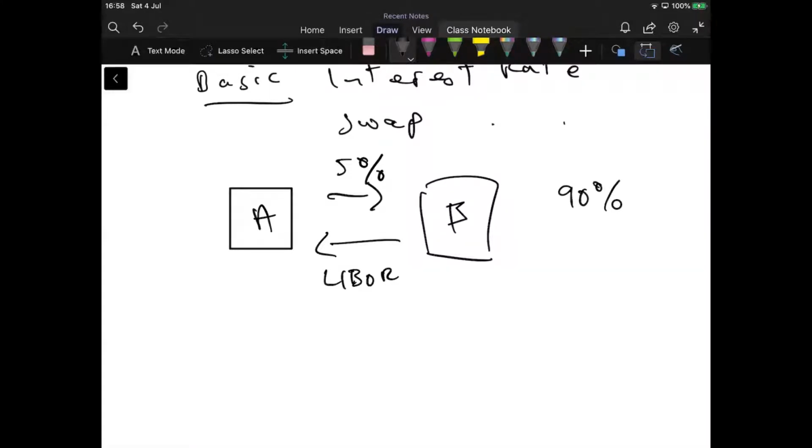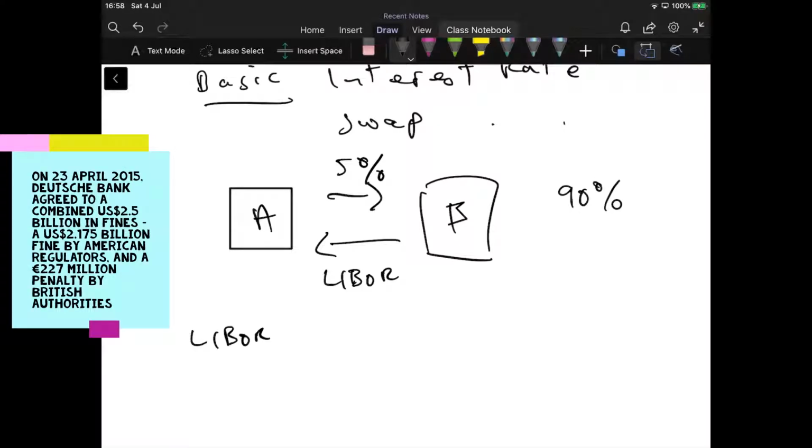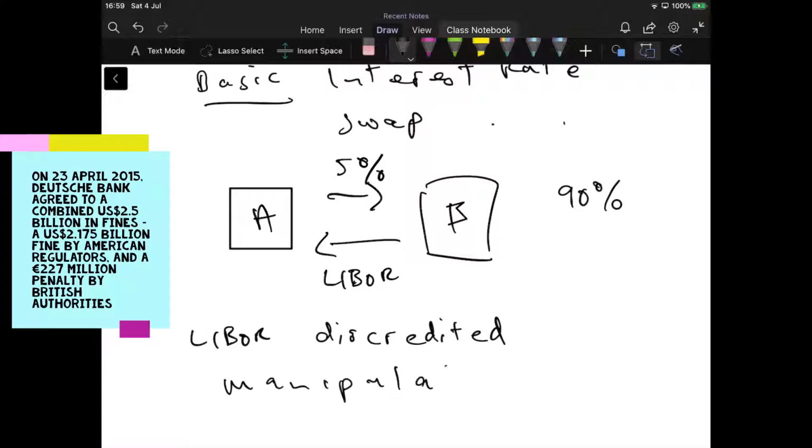In recent years, LIBOR has become a bit discredited, in part because a number of the blue chip banks operating in the London market were fined for manipulating the rate.